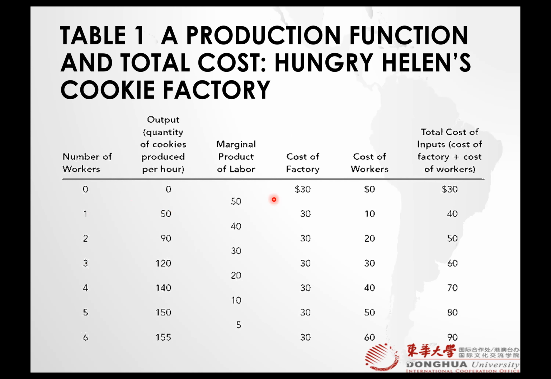That perfectly fits our definition of fixed cost, which is independent of the production. So if you see the output here, we are producing 0, 50, 90. When we produce nothing, we have 30 cost, and this 30 remains the same. So this fits the category of fixed cost. And the cost of worker, you see that if you produce more, the cost of the worker also increases. So that is a variable cost.